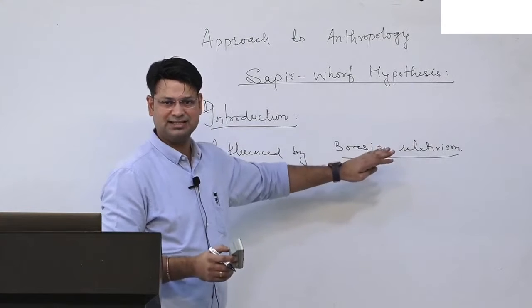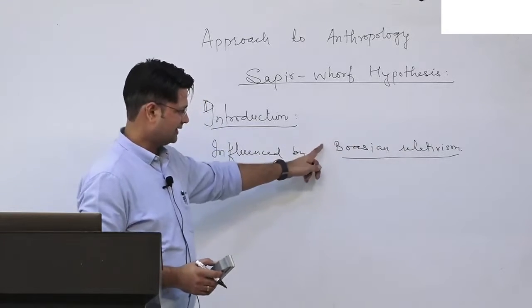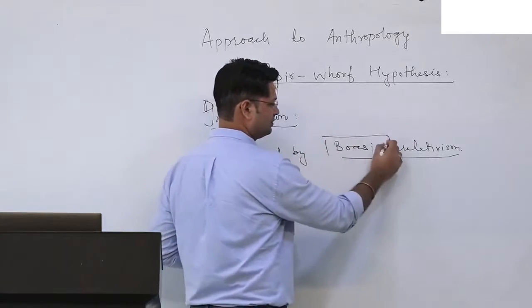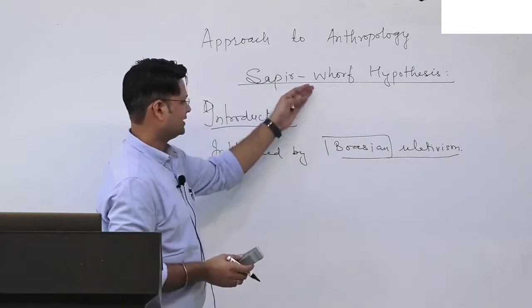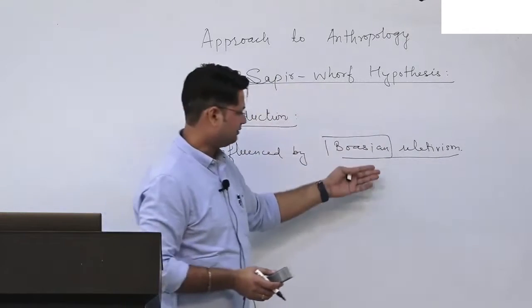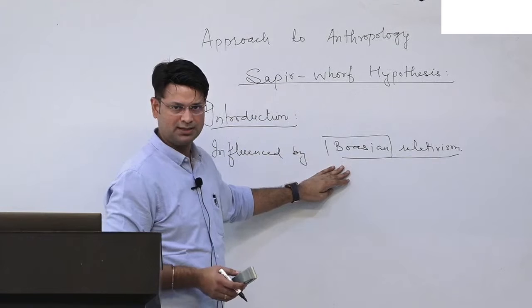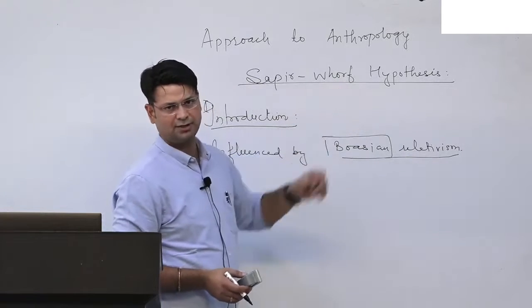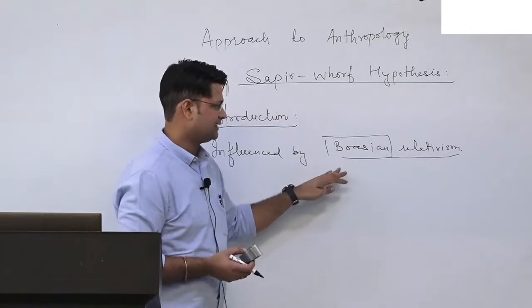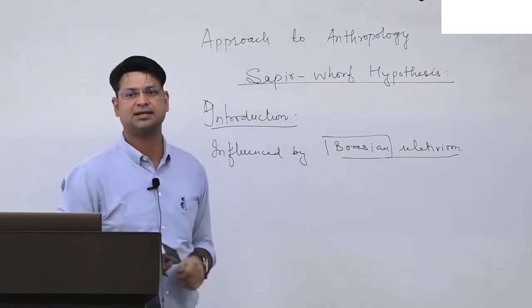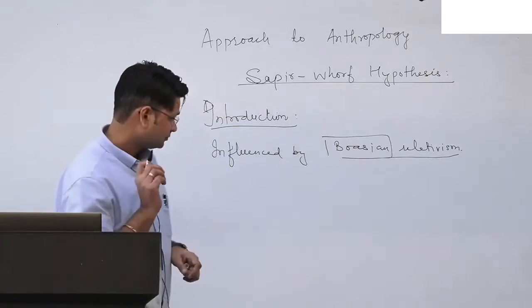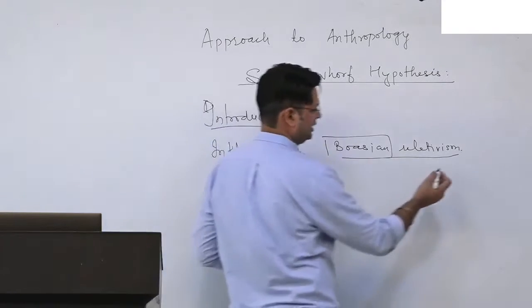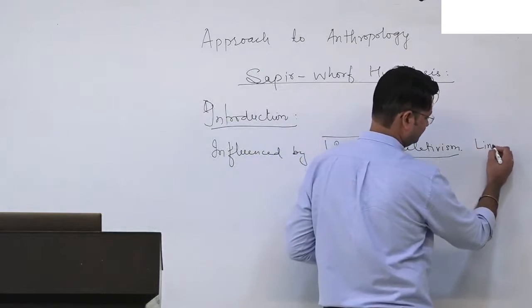That is what Boas says. Boas' concept of cultural relativism was adapted by Sapir. He was the student of Franz Boas, right? And Whorf was the student of Edward Sapir. So basically it was influenced by Boasian relativism, right? This is also known as the theory of linguistic relativity.